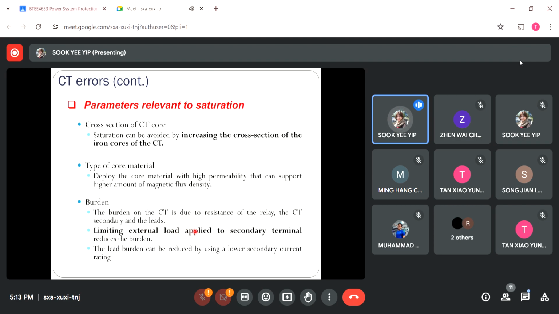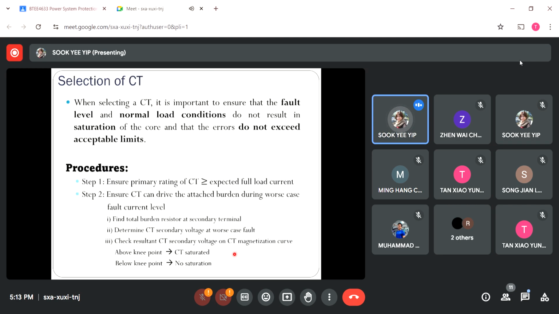That's how we reduce the burdens, right? Usually these lead burdens can be further reduced if we are using a lower rating of current at the secondary side, right? So these are three ways for us to stop the current transformer turning into saturation mode much more easily, all right? So now let's move on.